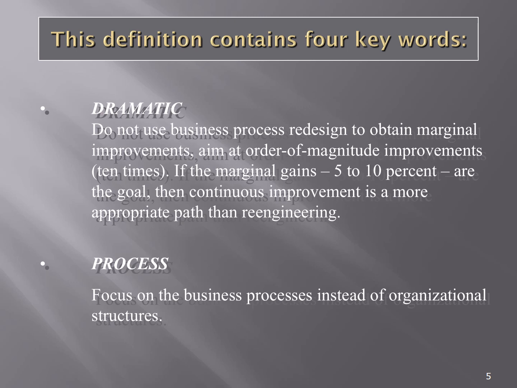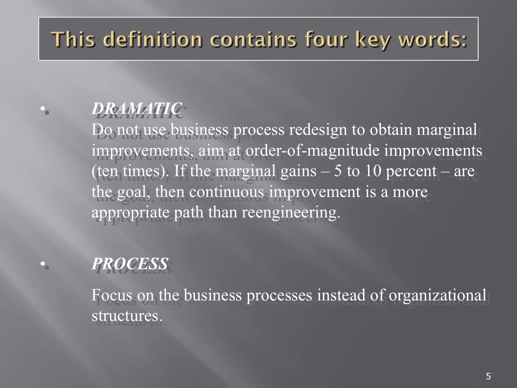And then the last keyword is process, which is focusing on the business processes instead of organizational structure. We have to focus on the business processes themselves. It involves the analysis of the company workflows. Processes that are inefficient, you have to figure out ways to get rid of them and change the business process.